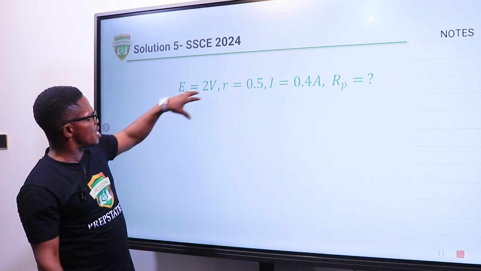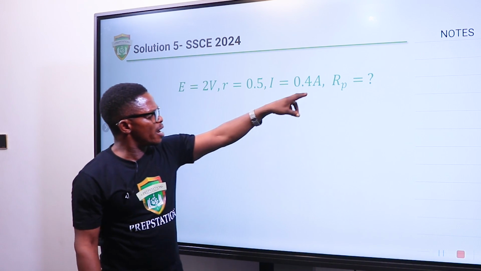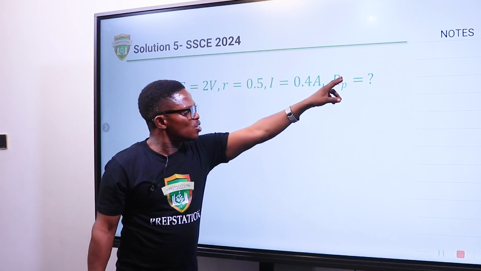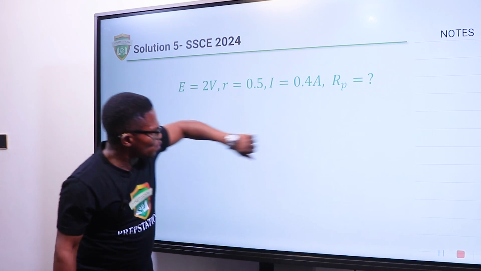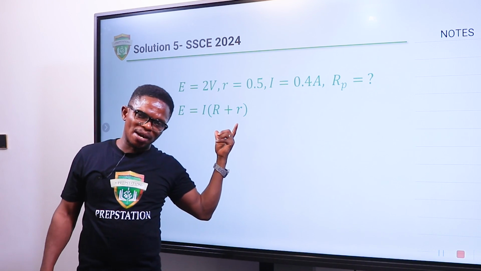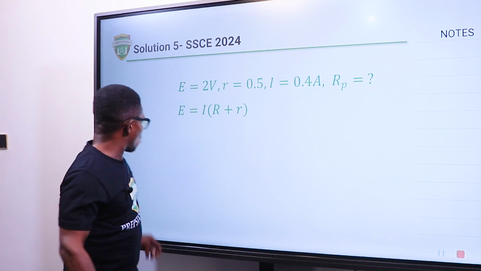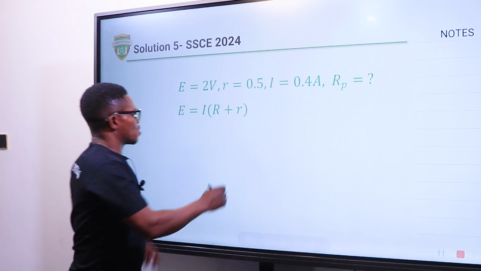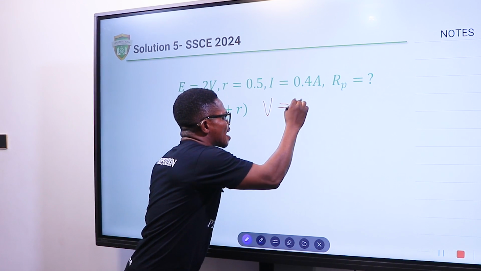So E is 2 volt, it was given. R is 0.5, it was given. I is 0.4, it was given. So RP is what we are looking for. Which formula will handle this? Remember I told you how to use this formula? This is an extension of Ohm's law. Remember Ohm's law says V is equal to IR.